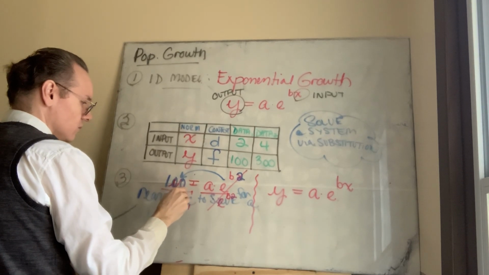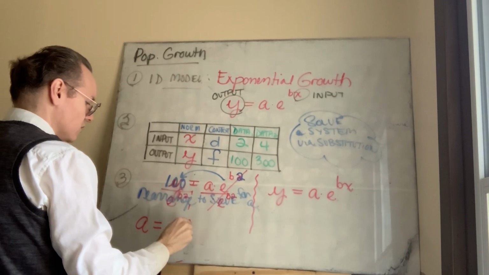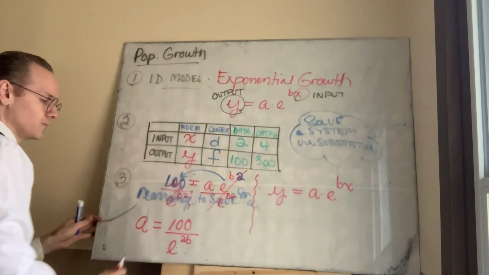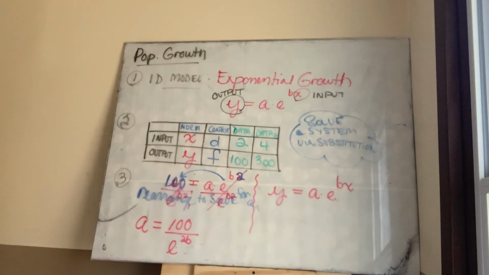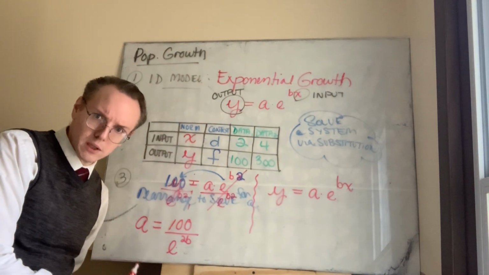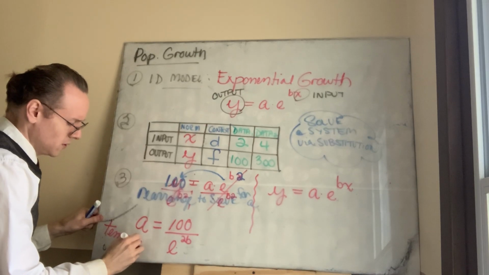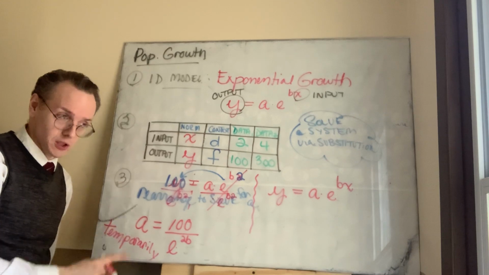That means A is equal to 100 sitting on top of e to the 2B, if I write it in better etiquette, with the coefficient of 2 in the front. Temporarily, that is all that we know about A, and it's sufficient.